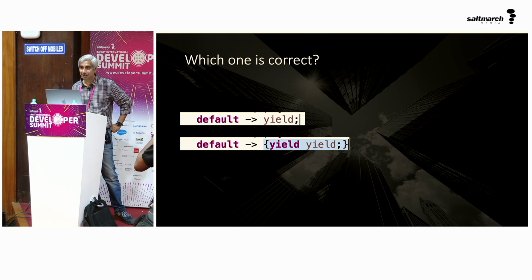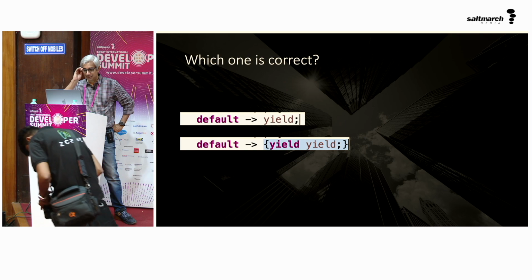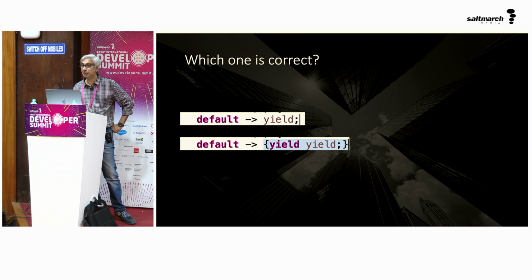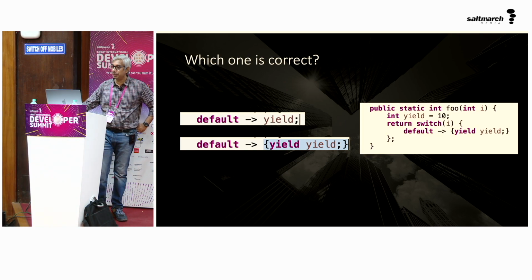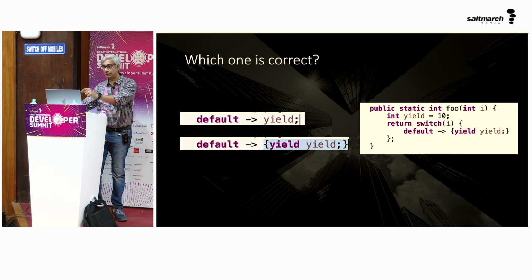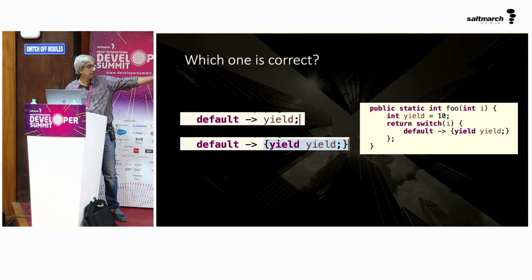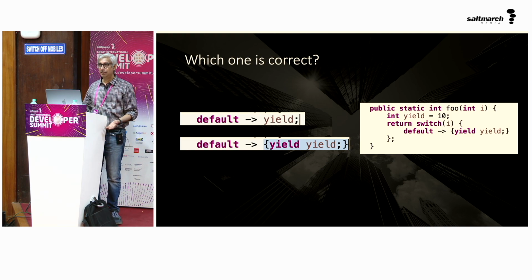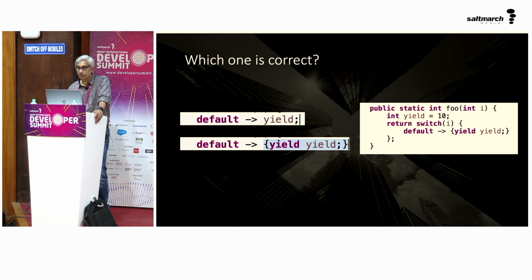First one is? Both are correct, actually, depending on the context. If yield is a variable, then both are correct. In the default case, in this particular thing, the first yield is of course a reserved keyword, and the second yield is an identifier.